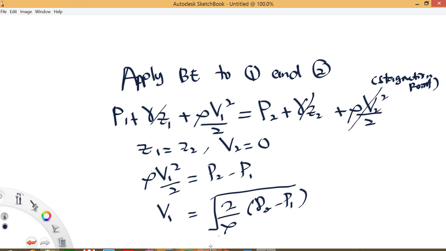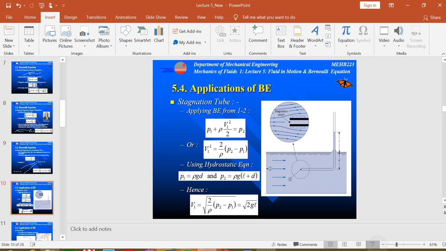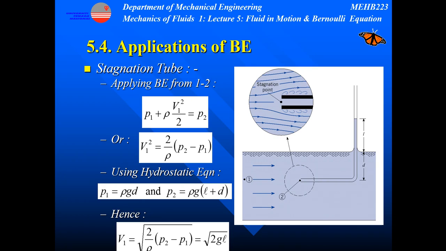If you know the value of P2 and the value of P1, you can calculate V1. If you know P2, where P equals rho g h, or rho g times d plus L, and you know P1, you can get V1.